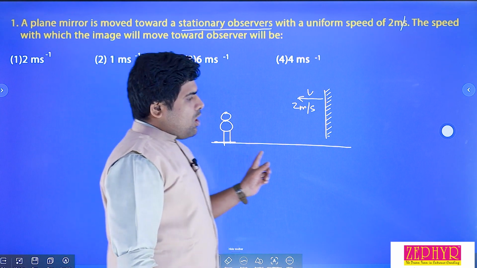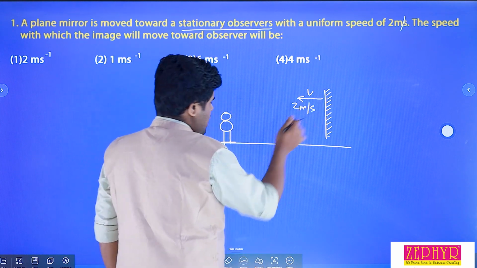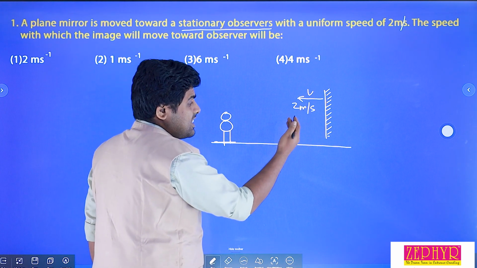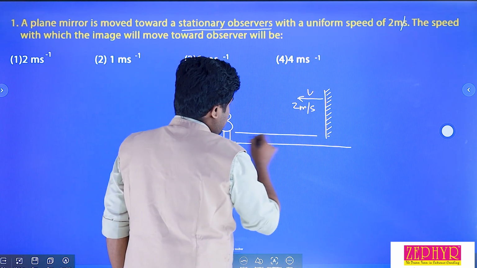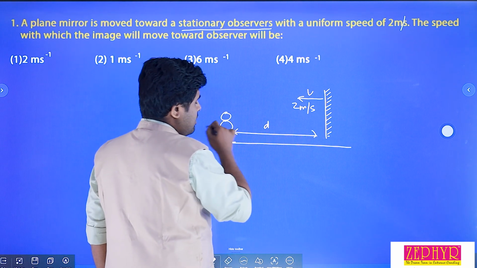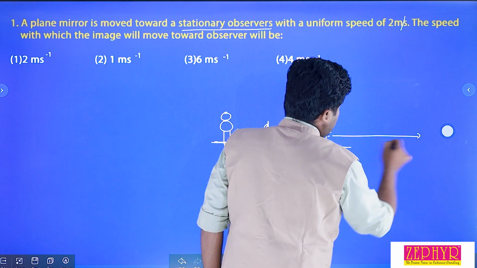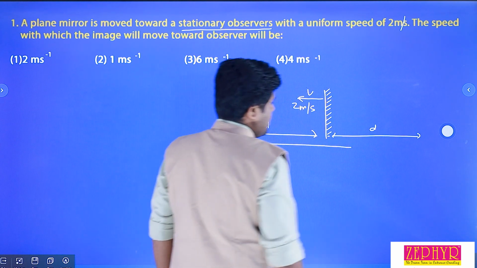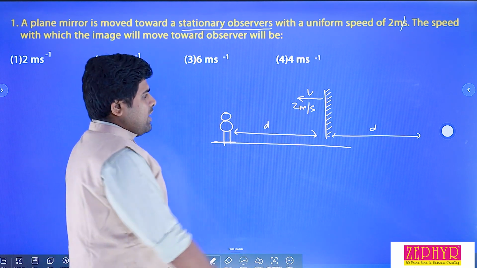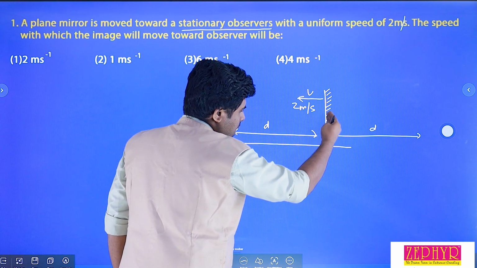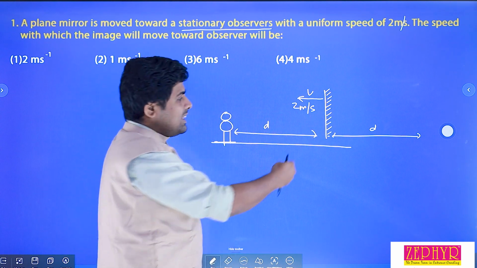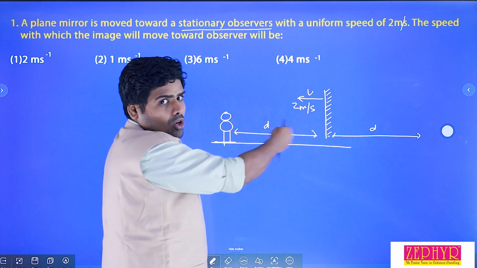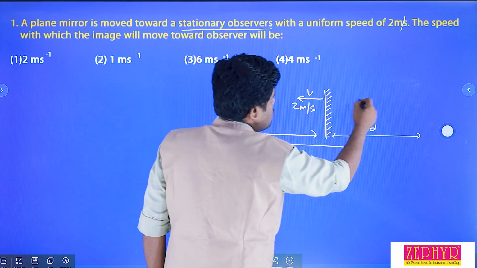His image is formed at a distance. Consider both observer and mirror in the stationary state; the distance between the mirror and the image is d. When the mirror moves towards the observer, the image will also move towards the observer with the same speed, 2 meters per second.